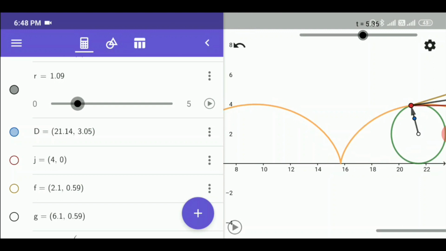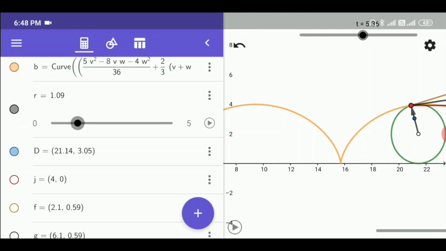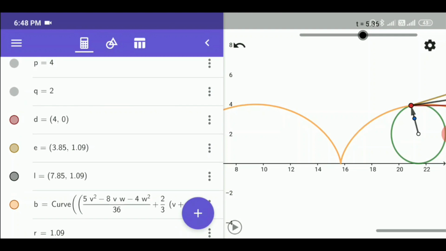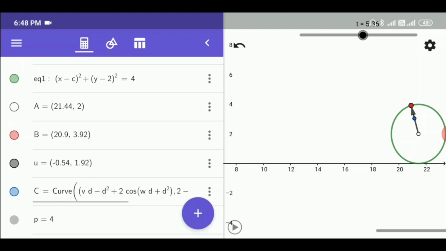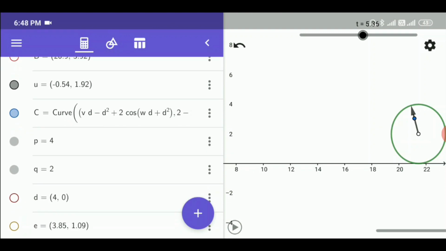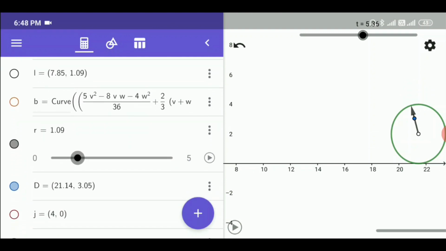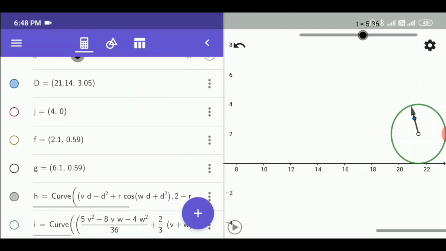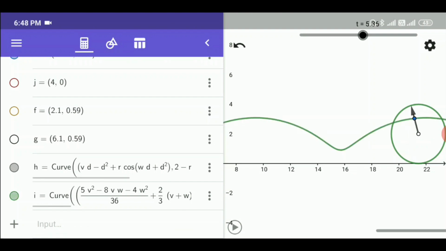So if the picture becomes a bit exaggerated, I can remove these vectors here, and I can remove the cycloid too for you, and I can remove that previous red one too. Now the curve which will be traced will look like this.